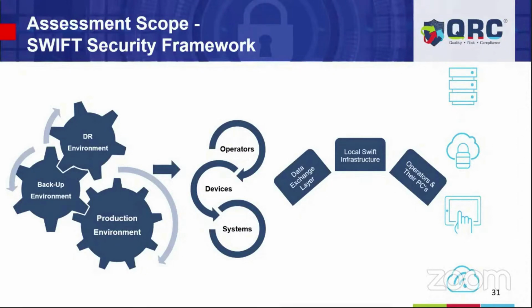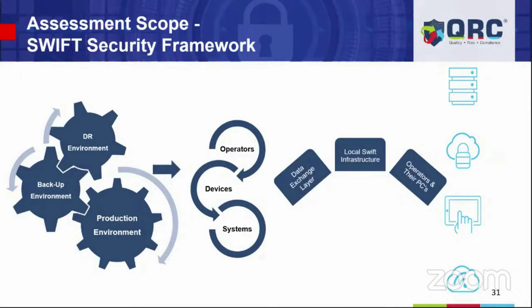All these things we have to consider while performing the assessment. We cannot skip anything here, because everything has its own weightage in maintaining the overall security of the architecture. Then, what we are talking about, component-wise, is the local Swift infrastructure.